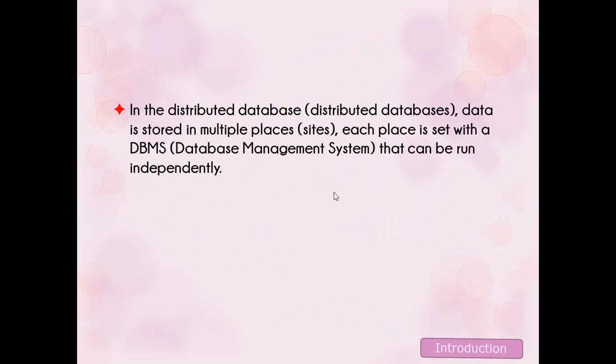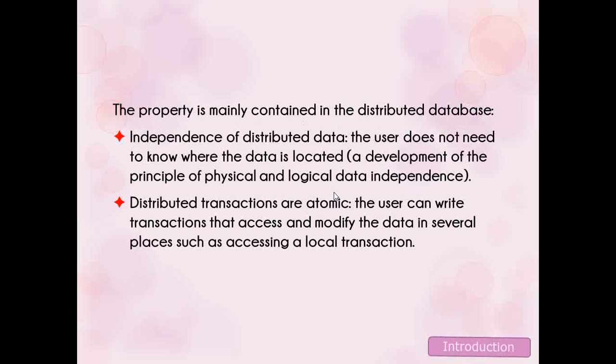In distributed databases, data is stored in multiple places or sites, and each place is set up with a DBMS, a database management system, that can run independently. The main properties of a distributed database are these two.